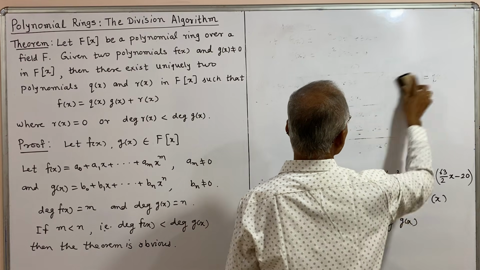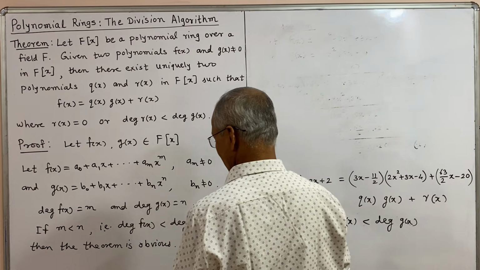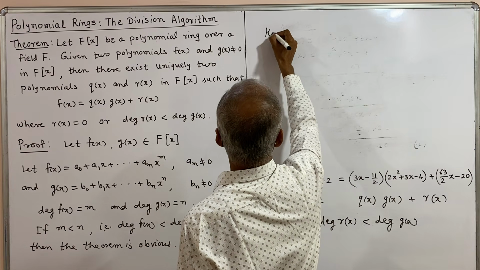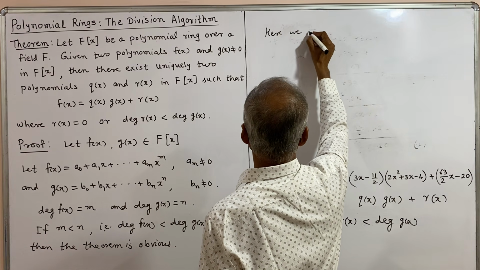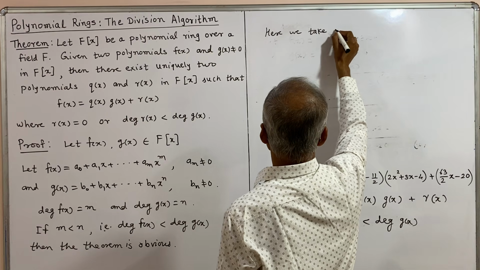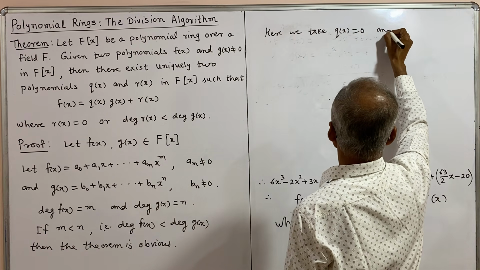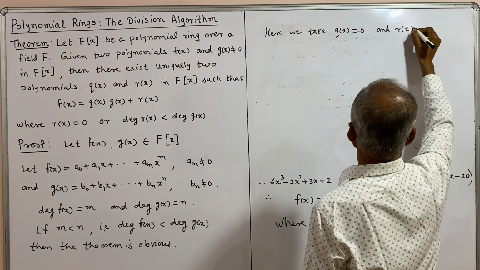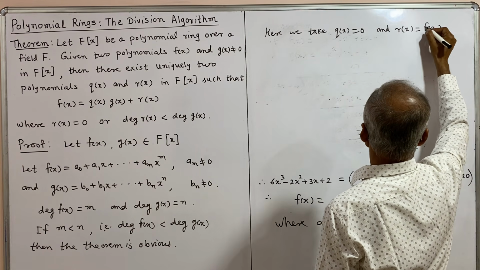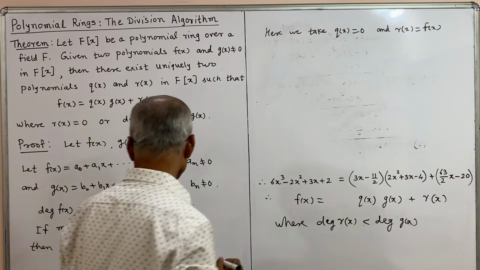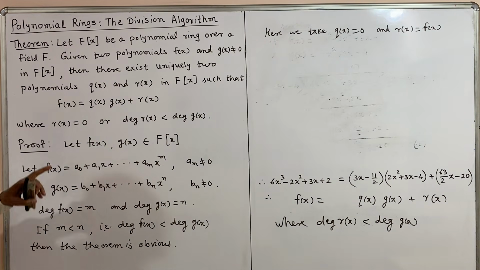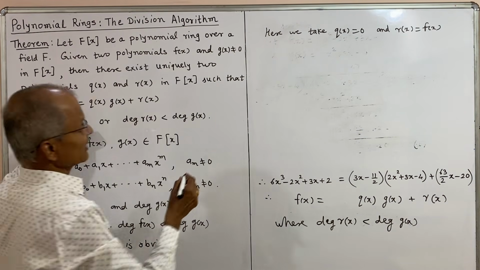Here we take q of x equal to 0 and r of x equal to f of x.